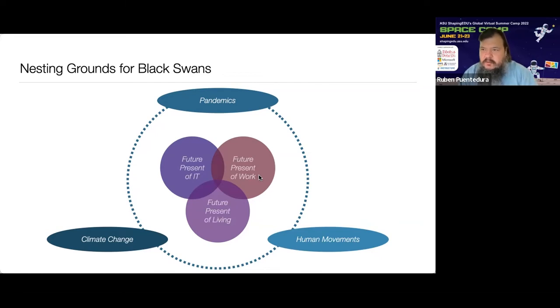Each of these are well-known processes. Each of these are well-known contexts that exist right now. So none of these are black swans, but they are nesting grounds for black swans. Within themselves, they have conditions, they have interactions that can lead to a black swan emerging.